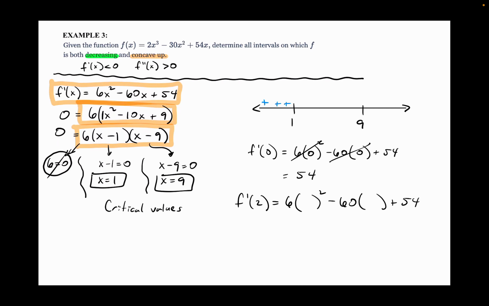The only reason I'm writing it out is because it's the notes. So 6 times 4 is 24. Minus 120 plus 54. That's going to be negative. It's going to be negative 60 something. 62, I think.